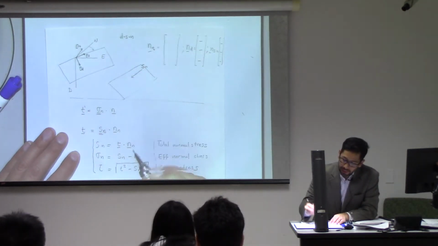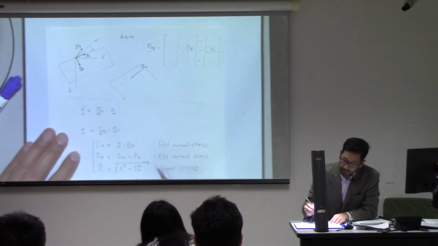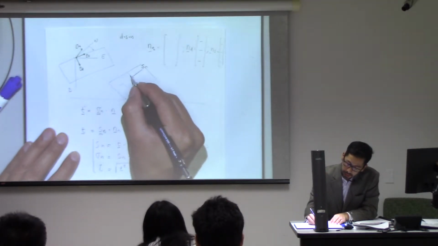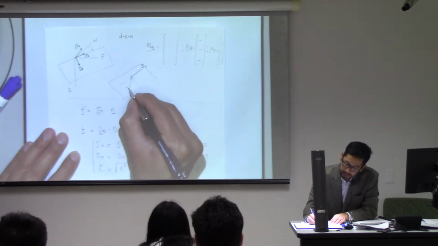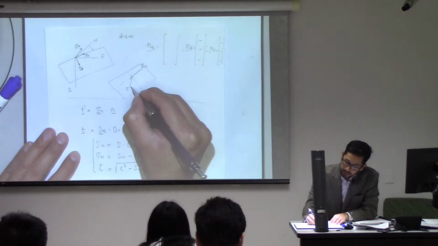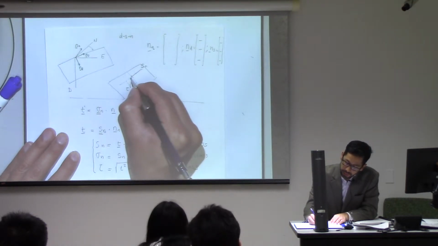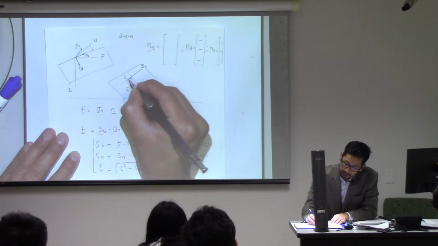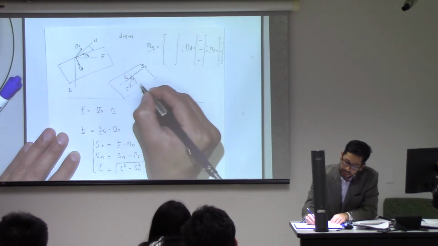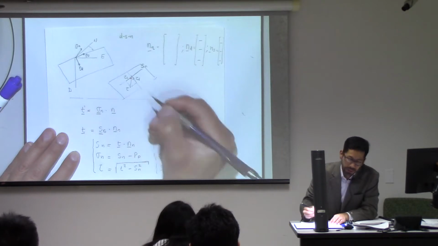On that same plane, as we have defined this coordinate system over here, if let's say this is tau, the component of tau in the direction of the strike is tau s, the component of tau in the direction of the dip is tau d.